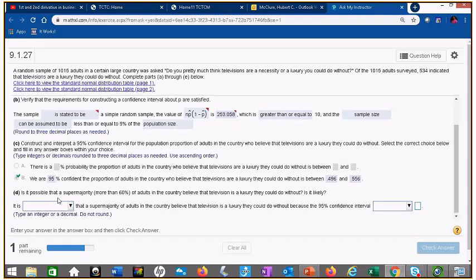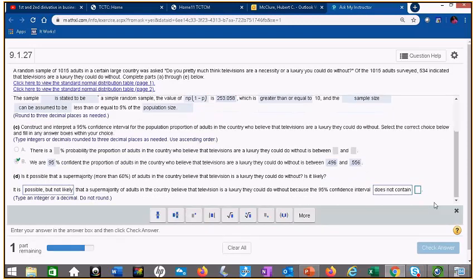Is it possible that a supermajority, more than 60% of adults, does 60 fit in there? Does 0.60 fit in our interval? Yes or no? No. It is possible, but not likely, because it does not contain 0.6.